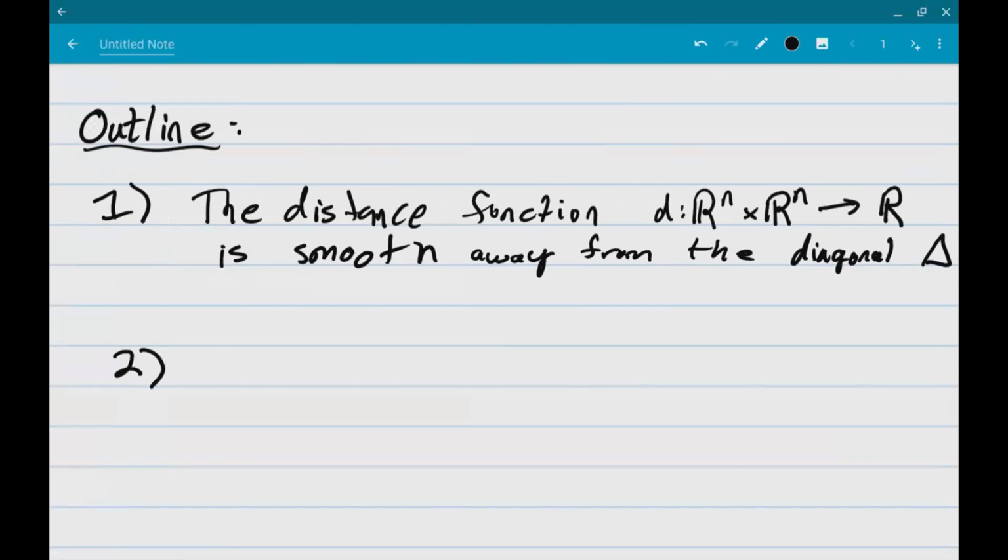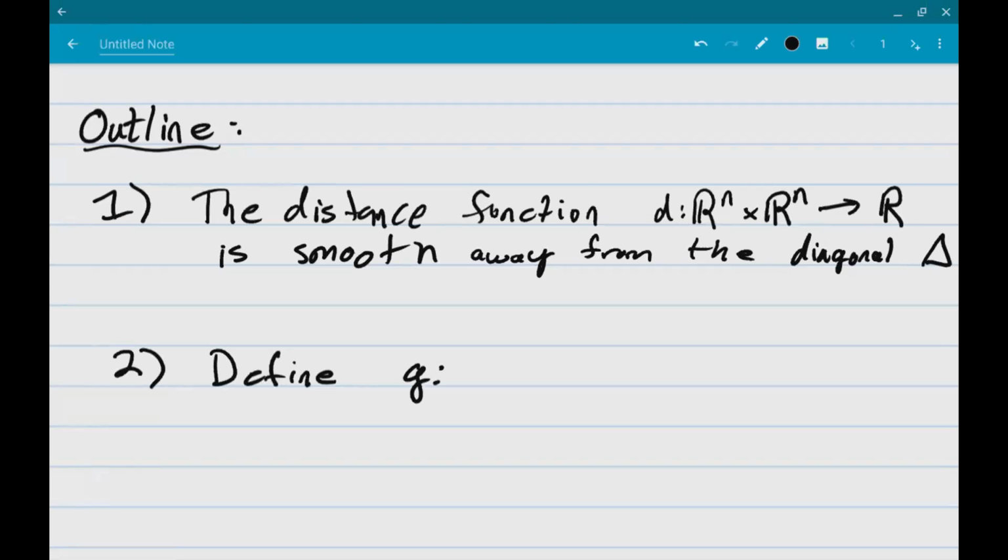Then the second thing is that you're going to define G. The reason I keep using G for these metric-like things is because G is the letter used for Riemannian metrics, so using G for a metric looks like a very natural thing to do.